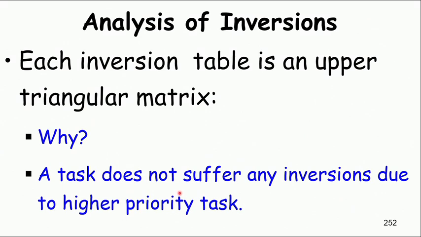So, it is not really symmetrical. The inversion occurs in one way, when the low priority task is using a resource and a high priority task is waiting, and not the other way around, and therefore, it is an upper triangular matrix.